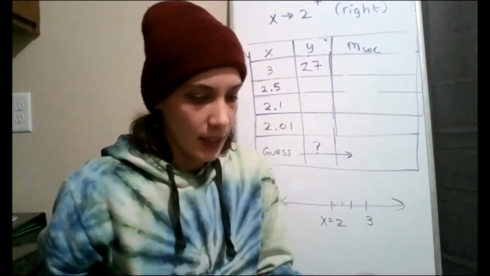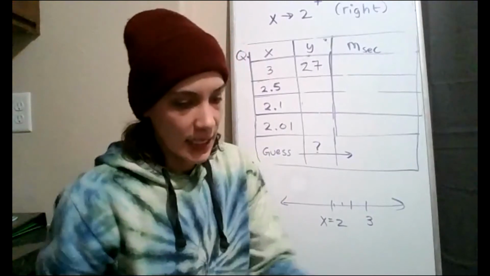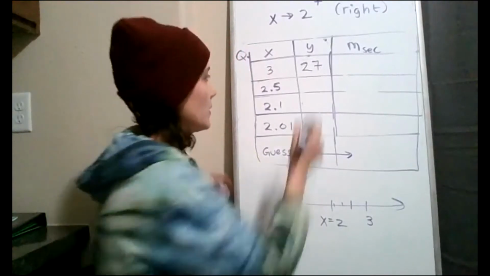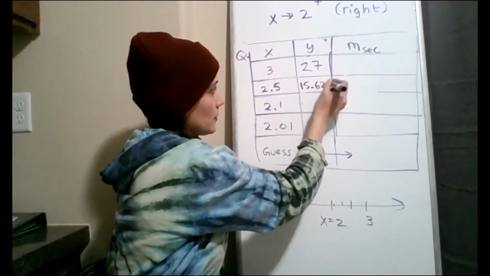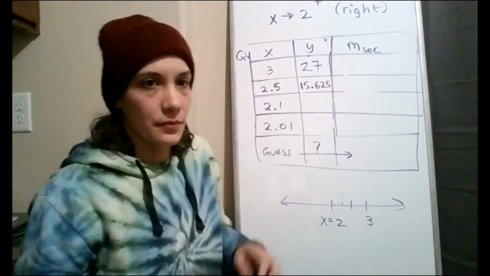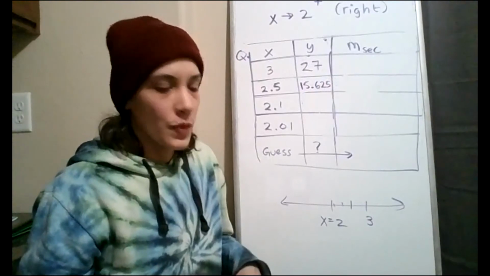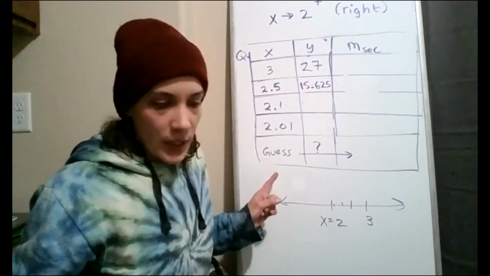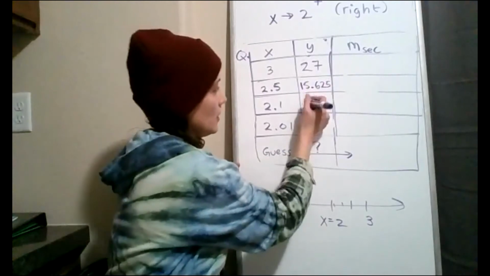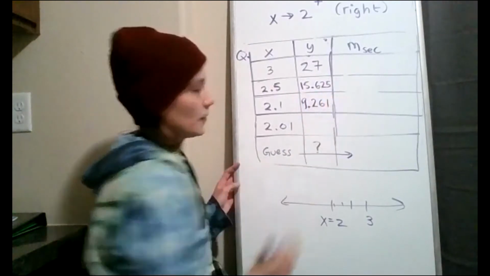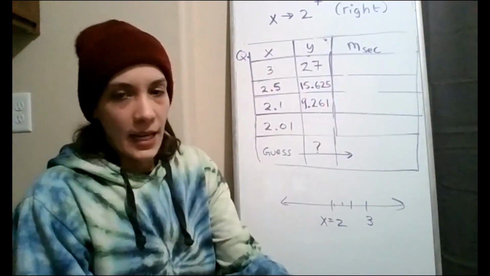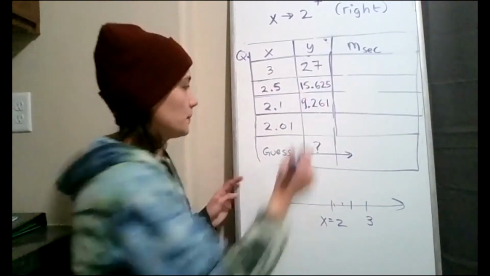And then I got 15.625, 9.261, and then 8.121.